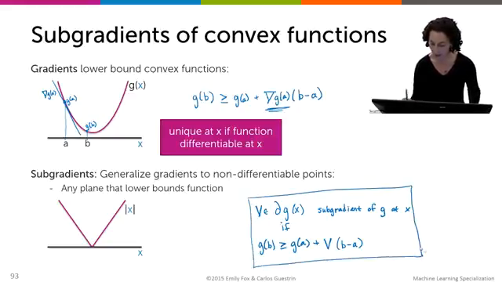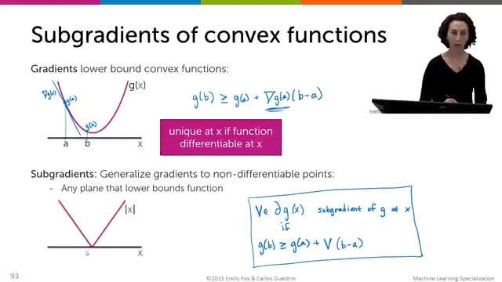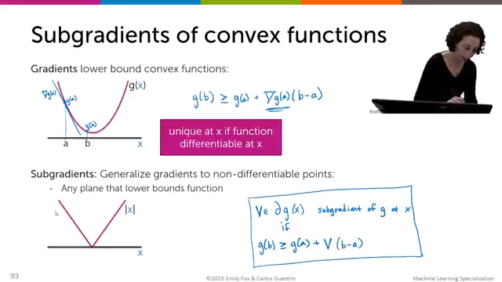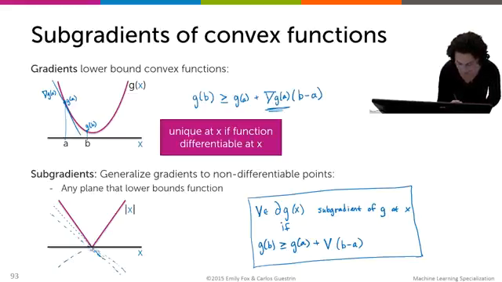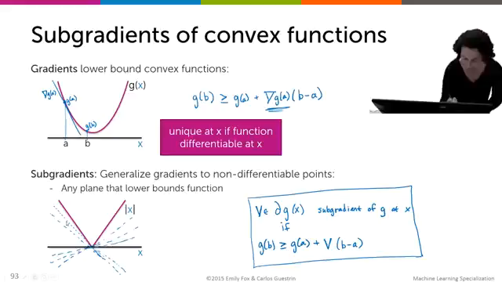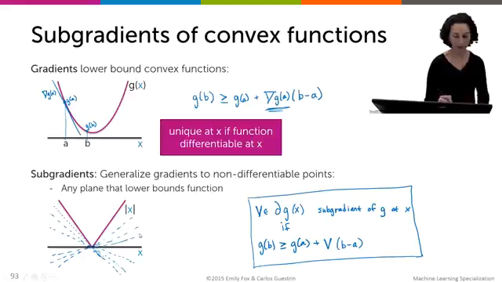And let's look at it in the context of this absolute value function. So what are all the planes that lower bound this absolute value function? Well, all the planes that I'm going to draw lower bound it. There's this plane, there's this plane, there's this plane with positive slope, and I could fill this space here with all these planes.